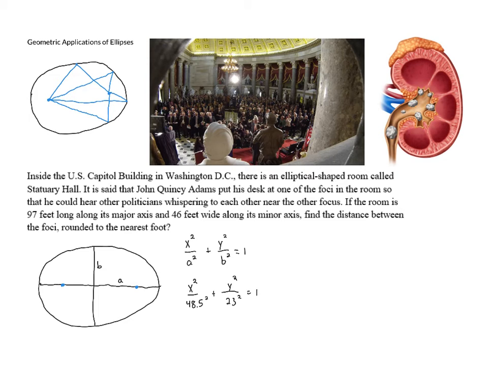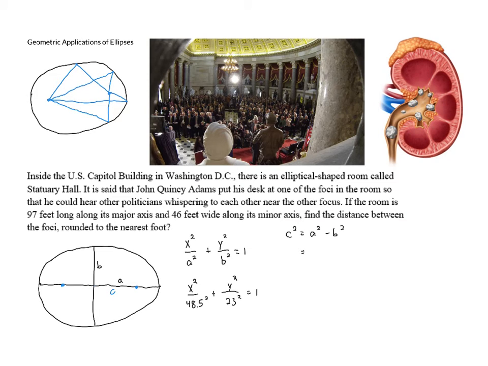Now, what we are looking for, though, is where these two foci are, and we want the distance between them, and we know that the distance from the center to one of them is c. So we're actually looking for 2c, and the relationship that we can use to find c is that c squared equals a squared minus b squared.